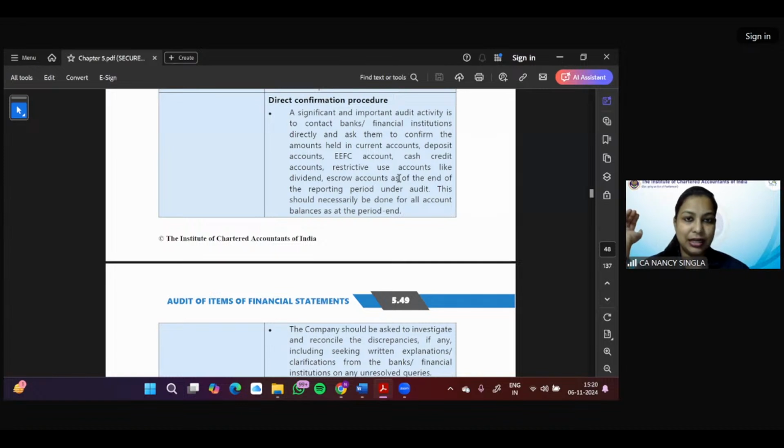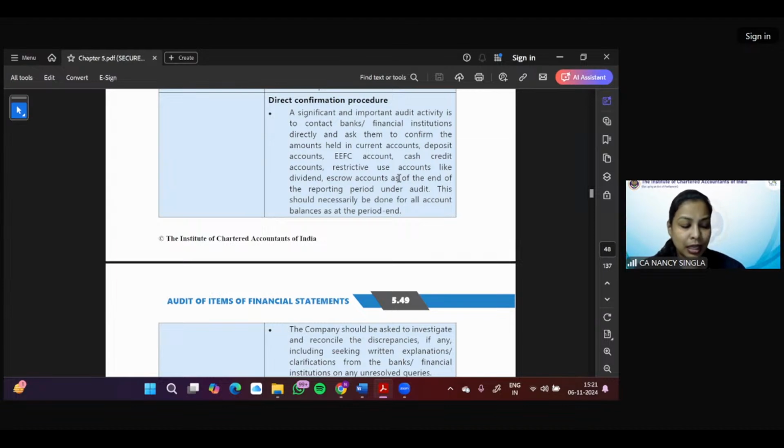As at the period end. And if there is any discrepancy, that is the balance that is shown in the books of accounts vis-a-vis the balance that is appearing in the confirmation or the bank statements, he'll ask the management to resolve. And in case any of the queries is still unresolved, then he'll ask the management to provide the written explanation.